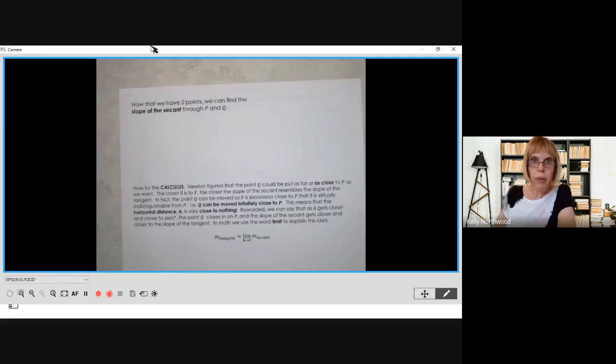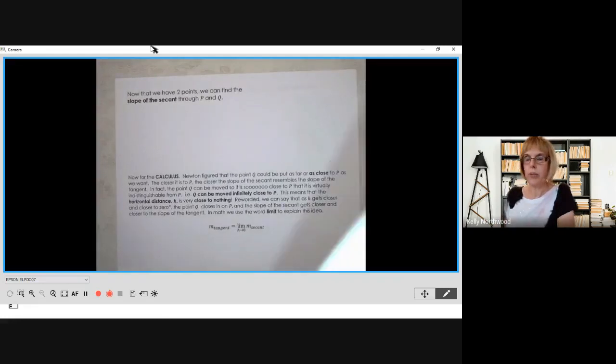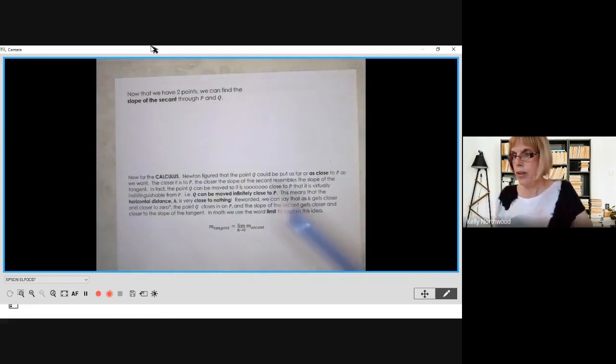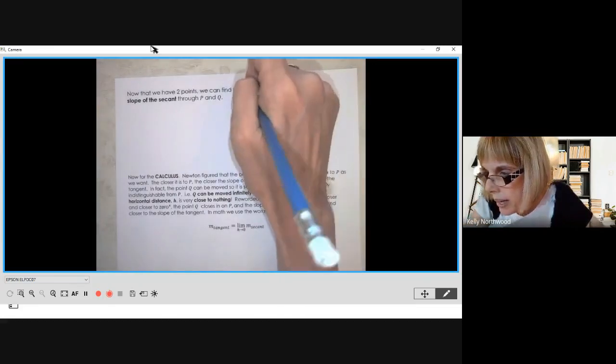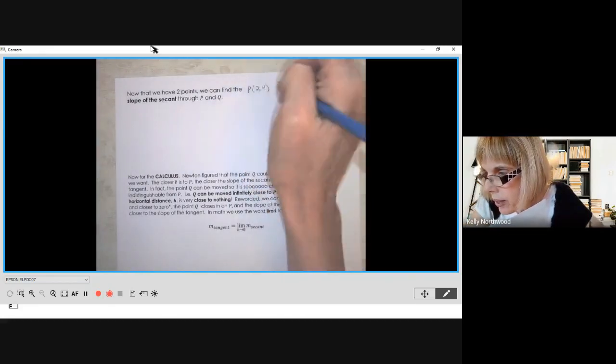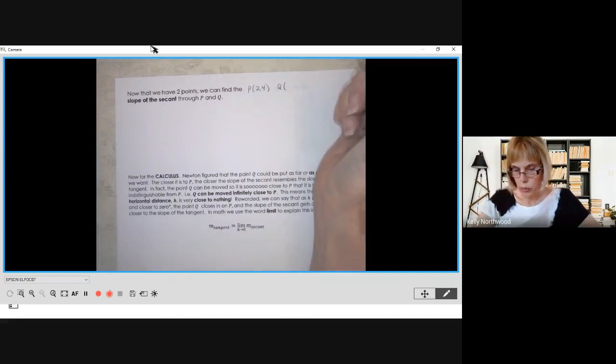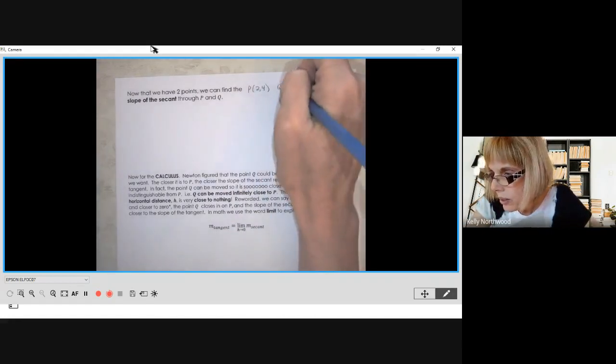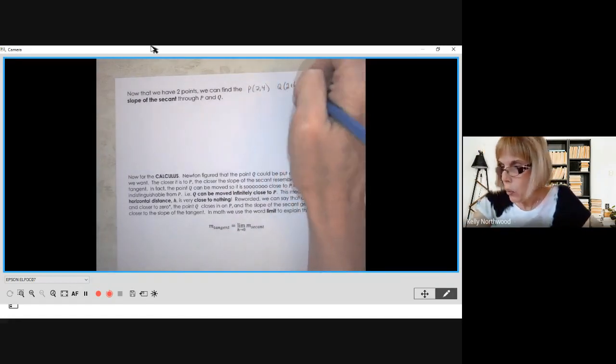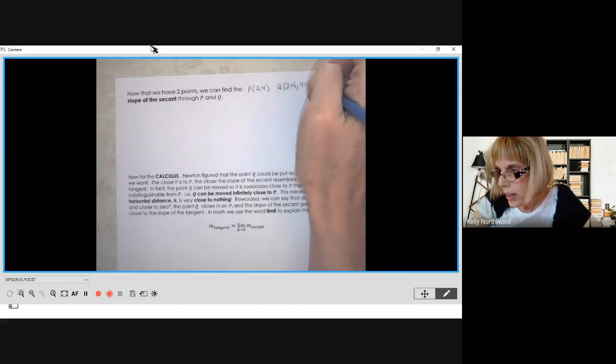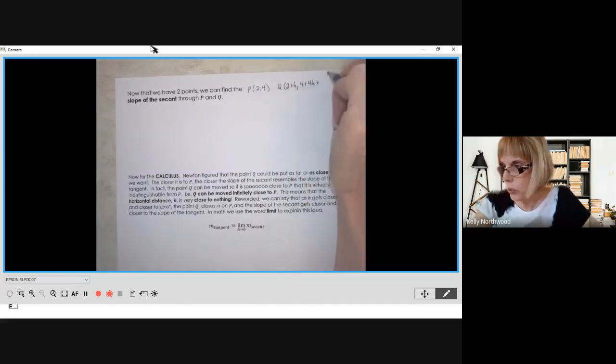So the next step that we want to do is get the slope of the secant through P and Q. So I'm going to remind us then that P had the coordinates (2, 4), and Q had the coordinates (2 plus h, 4 plus 4h plus h squared).